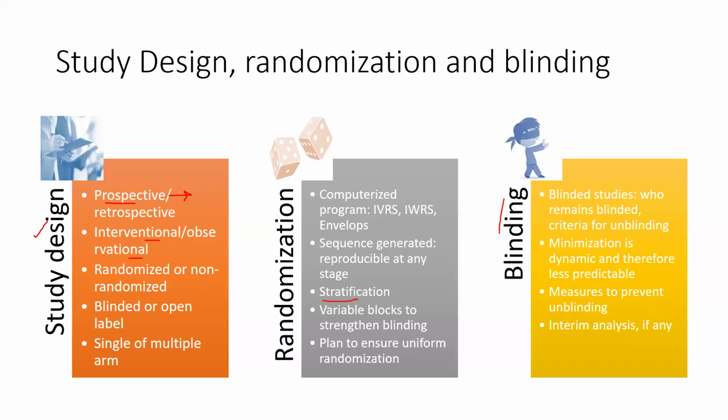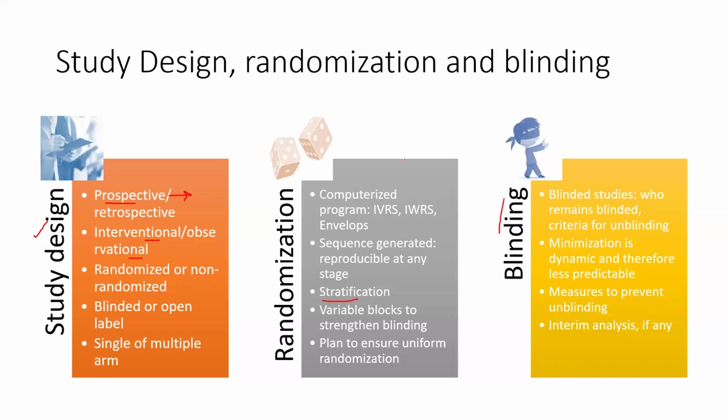Single blinded, mostly the patient is kept blinded. Patients don't know which treatment they are in. Double blind, your investigator, doctors, and patient, both don't know which treatment is assigned to which person. So all that you give in detail in your protocol.